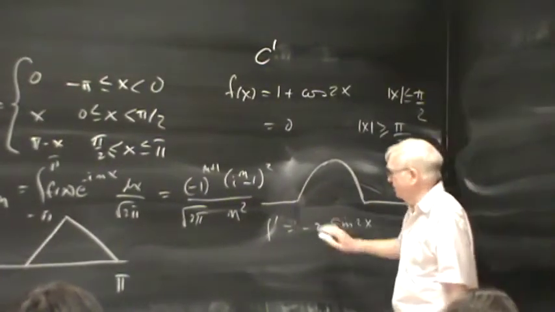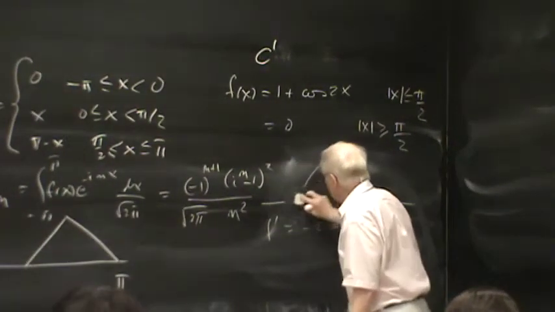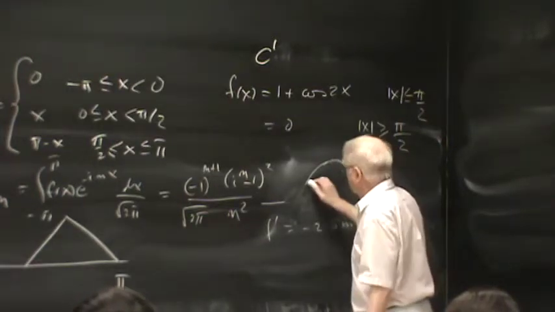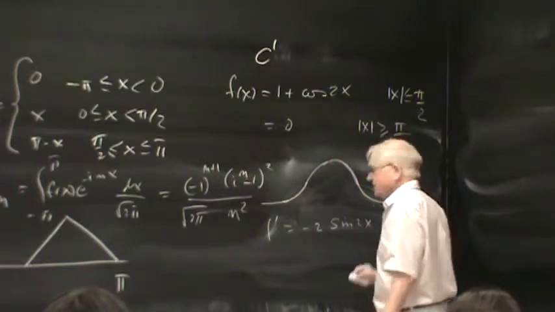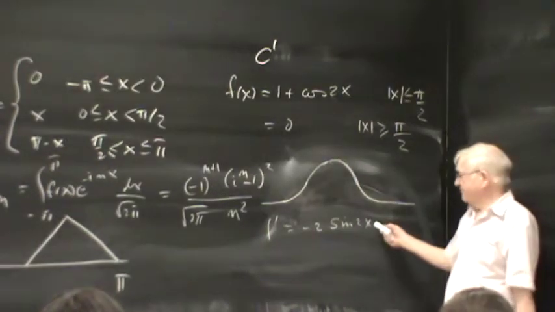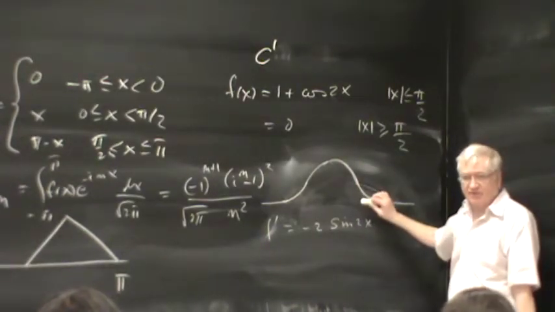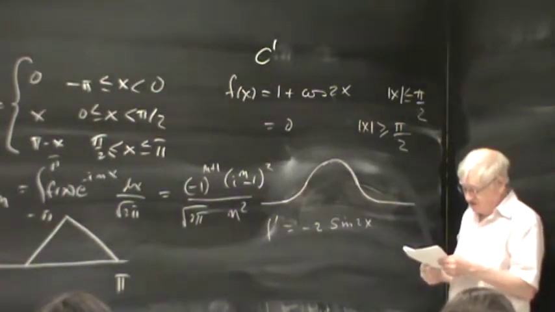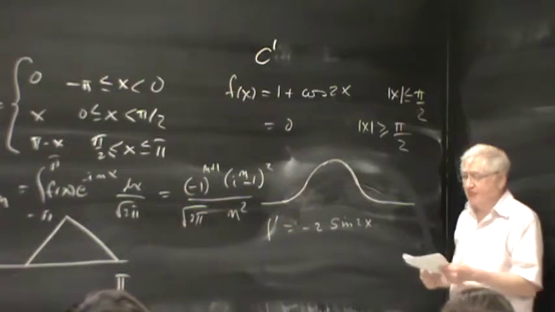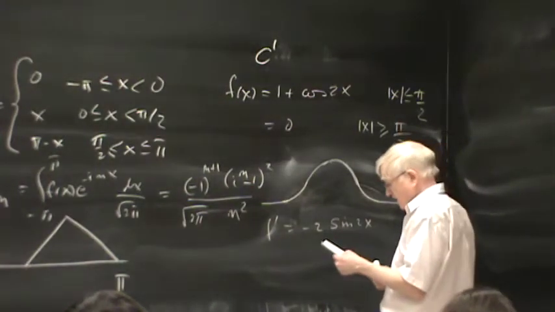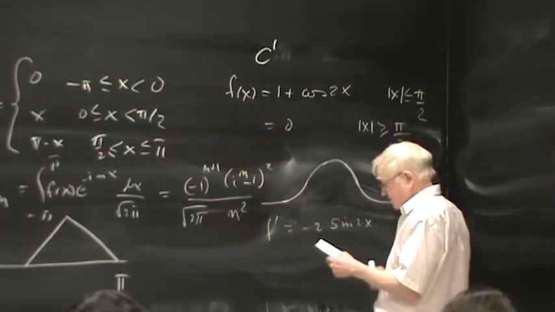So it doesn't look like this. It actually looks like that. Right? Because the derivative is 0 there. So that's why it's in C1, because the first derivative is continuous. And it has a piecewise continuous second derivative.